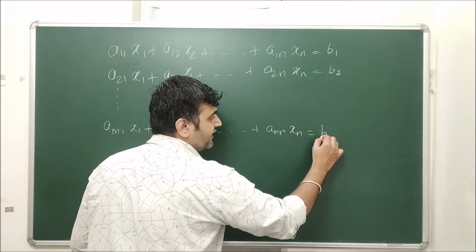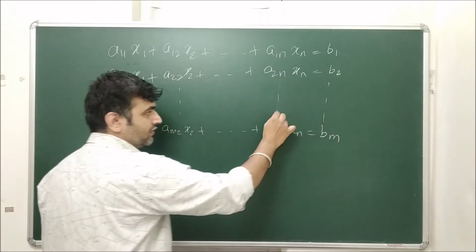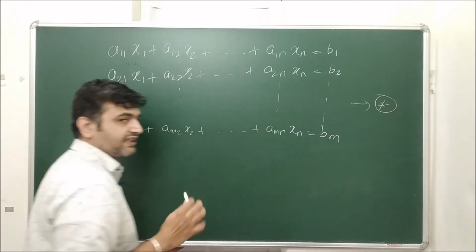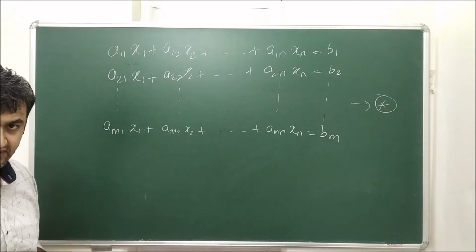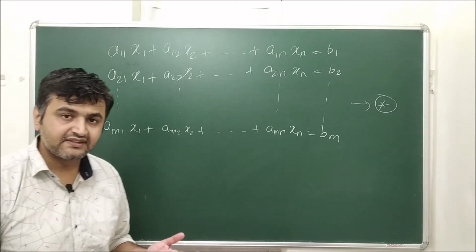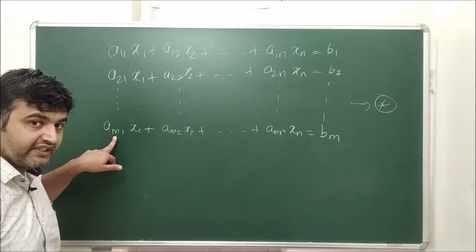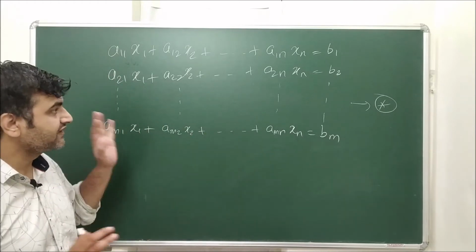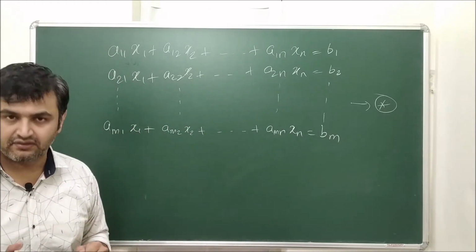There are n unknowns. Okay, so let me call this my star. So this star is a system of linear equations, or you can say this star is a system of m linear equations in n unknowns. Okay, so this is how in general a linear system looks.